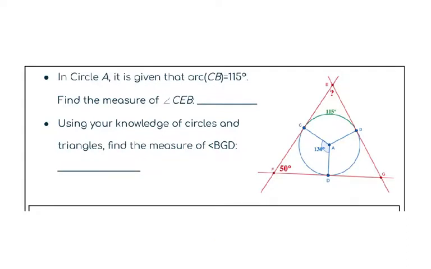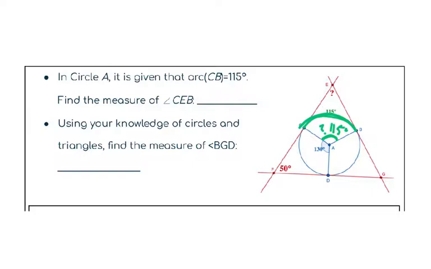Okay, so now I'm going to give you something a little bit different. I'm going to tell you that this arc CB is 115 degrees. Remember, what is the relationship between an arc and its central angle? So if the arc is 115 degrees, the central angle should be the same. They should actually be equivalent. So this central angle should also be 115 degrees.